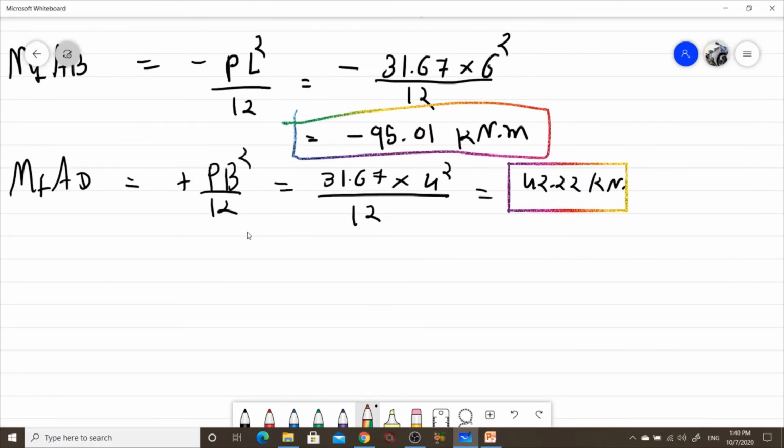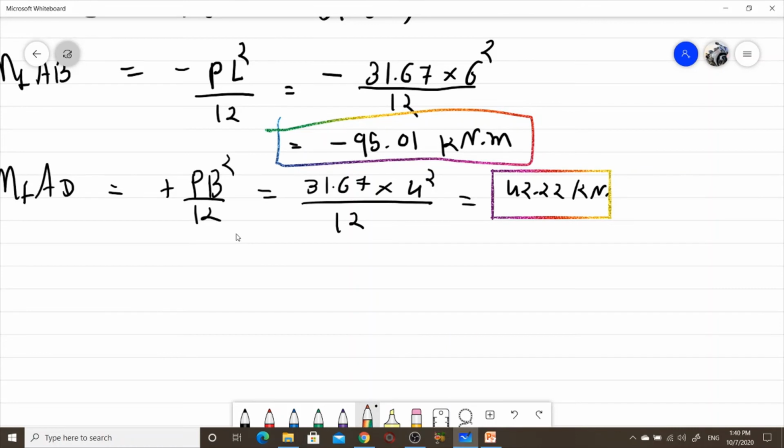So we have found both fixed end moments. Right now we need the distribution factor.